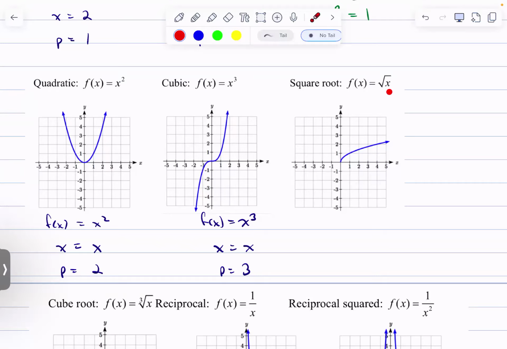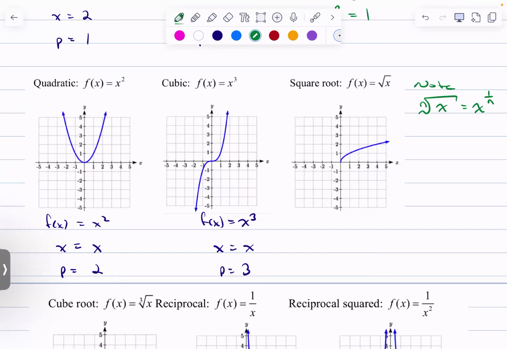How about the root of x? Here's another note. If we have the nth root of x, you can rewrite that as x to the 1 over n. You can try it on your calculator.